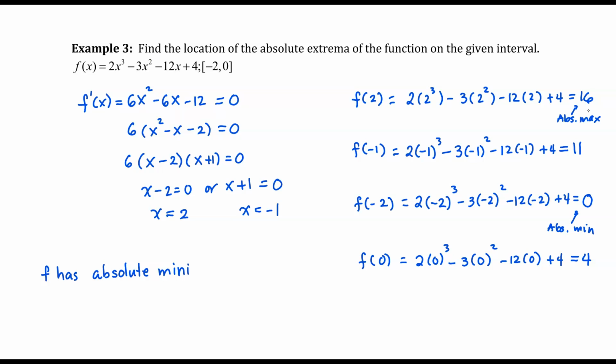So we say that f has an absolute minimum at x equal to negative 2. And if you're asked for the value, the absolute minimum value is 0.